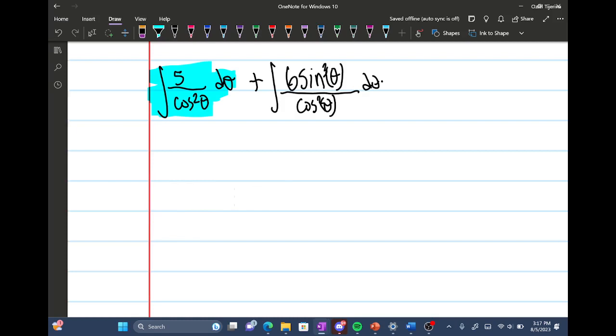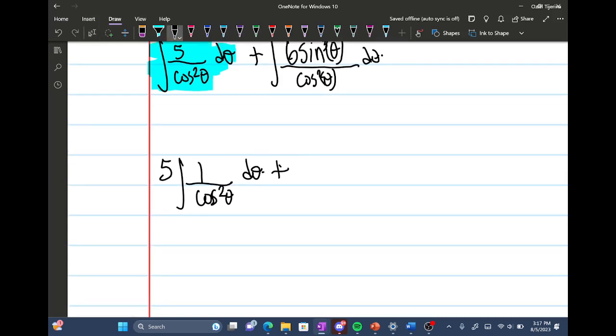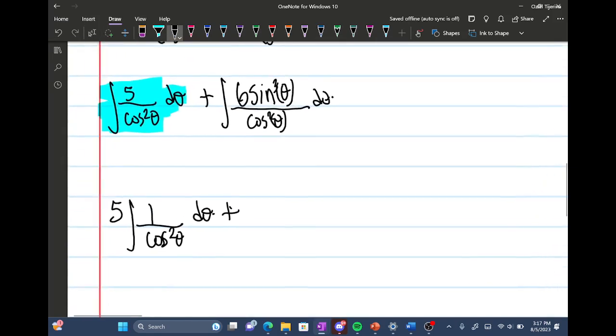Since we have a 5 there, I'm going to take the 5 and put it outside. So 5 times the integral of 1 over cosine squared theta d theta, and then plus, I'm going to do the same thing for this part here.